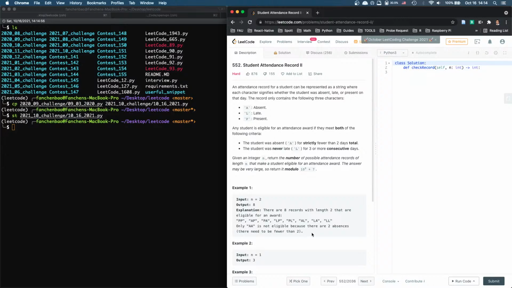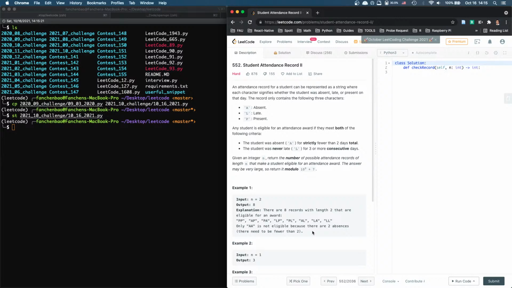Now, if the first one is an A, then the remainder cannot have A. Remainder can have P, can have L, but cannot have A. If I start with L, then what's the remainder?